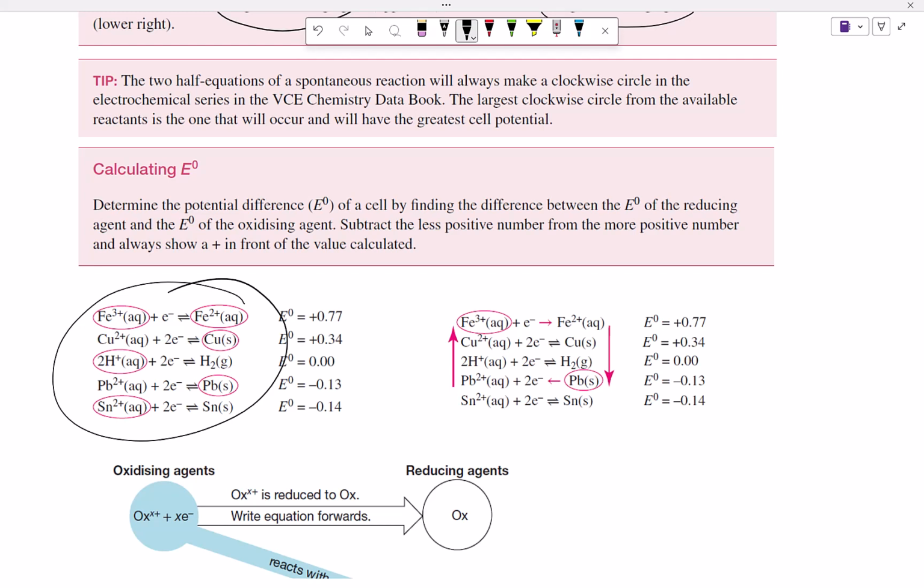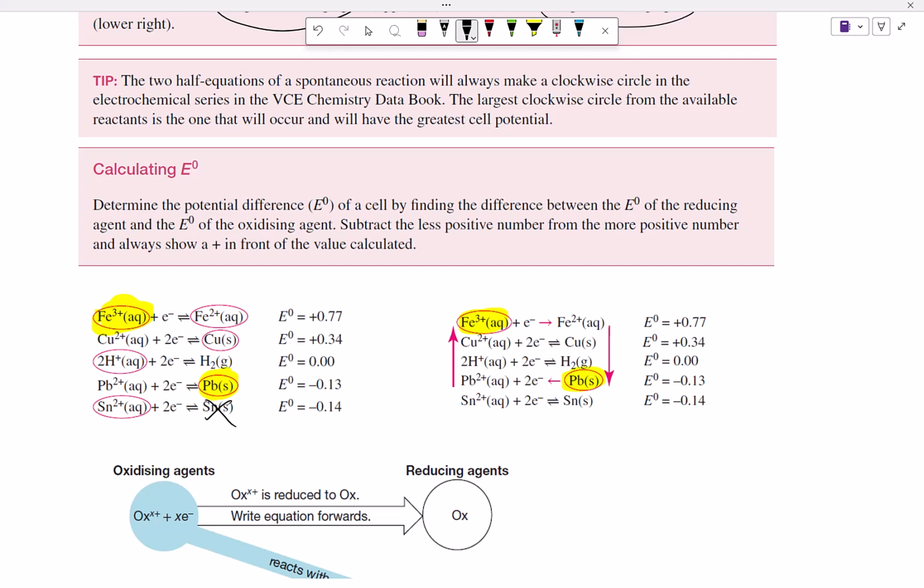Now, if I look at this, and that might be whatever I've got in my beakers, my strongest oxidizing agent is that one, as I've highlighted there. What I've got present as my strongest reducing agent is the lead there. It's not this. I don't have that. I only have that.